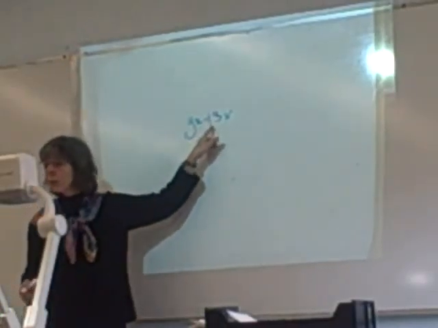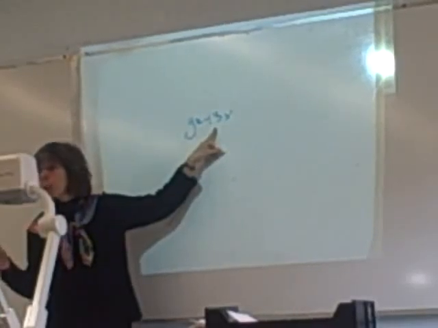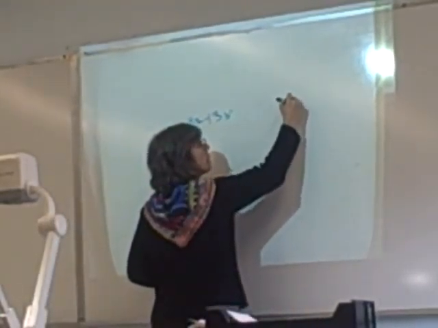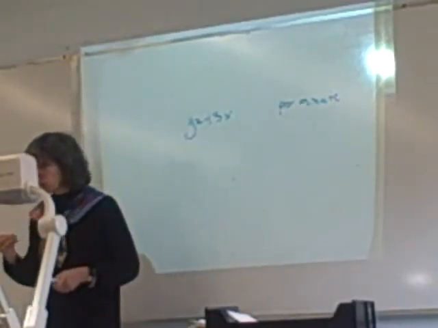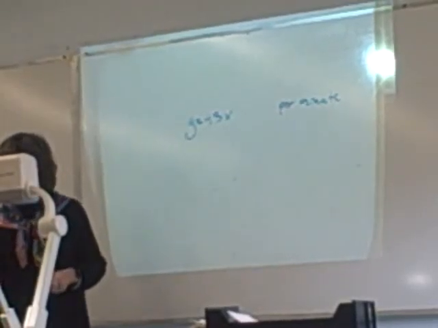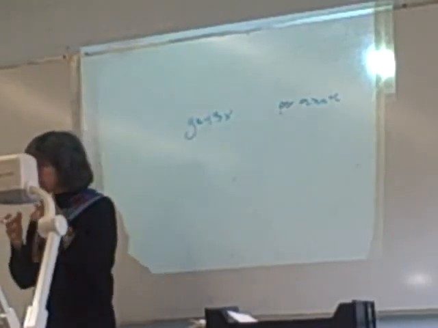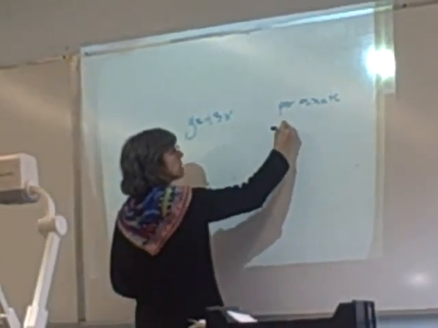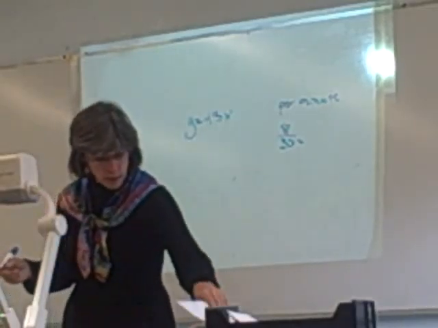This one was 13 calories per what? Per minute. And then I gave you the information about eating the orange slice as how many calories every 30 minutes? 8. So wouldn't we want to be comparing minutes and minutes as opposed to minutes and 30 minutes? So if it's 8 calories in 30 minutes, can I figure out what that would be in 1 minute? And I think it was, what?